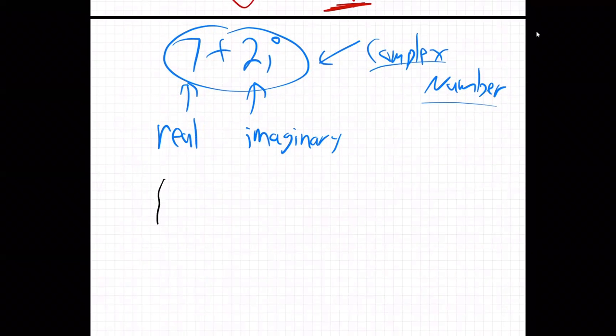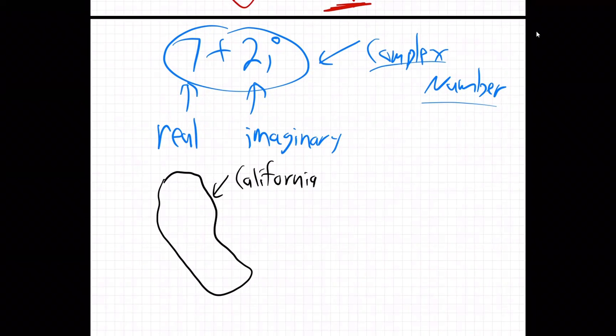the state of California. Here's my best drawing of the state of California. It's not so good, but we'll just pretend. We've got California, and we got Fresno kind of in the middle here. And we've got, I don't know, LA, probably further down south, but whatever, down there, right?